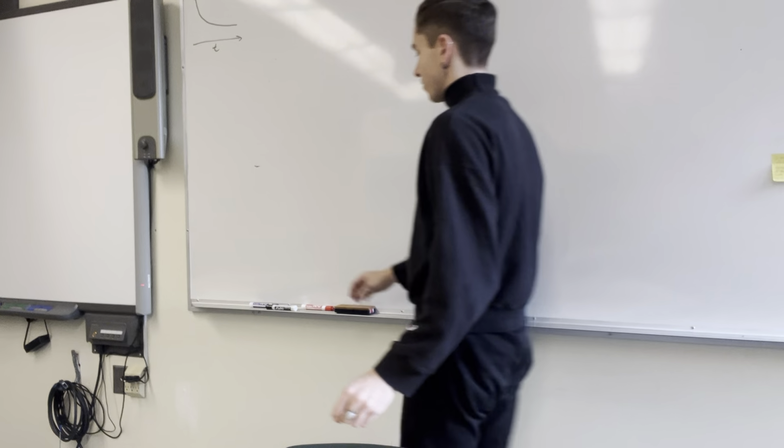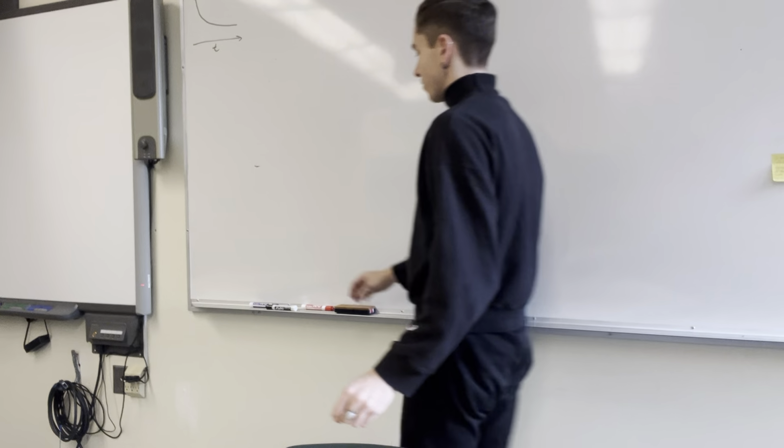So that's axodendritic. You can also have axosomatic, and does anyone have any idea about what that might look like? Think of what a soma is. Yes. Is that big circle? Yes, yeah.